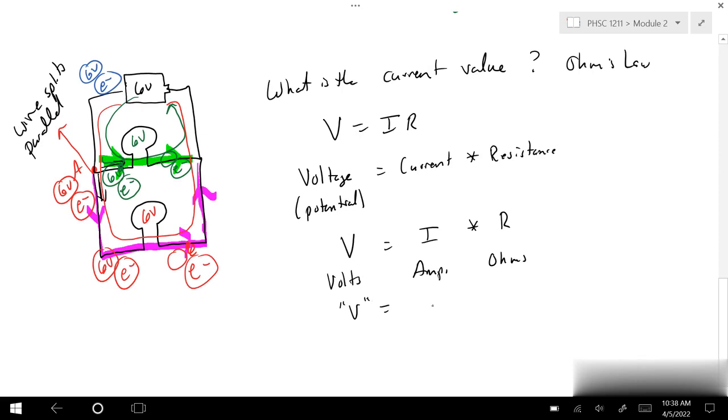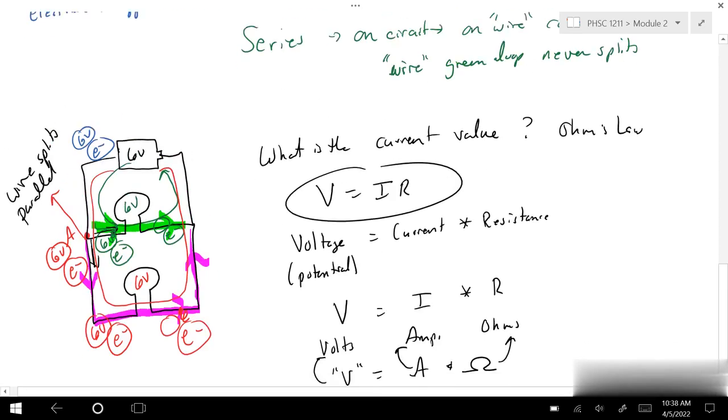And our units will be V is equal to amps times the Greek letter omega. So ohms is the Greek letter omega, A is the letter for amps, and V is for volts.